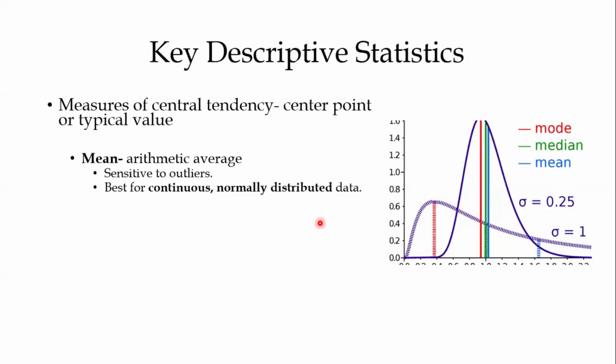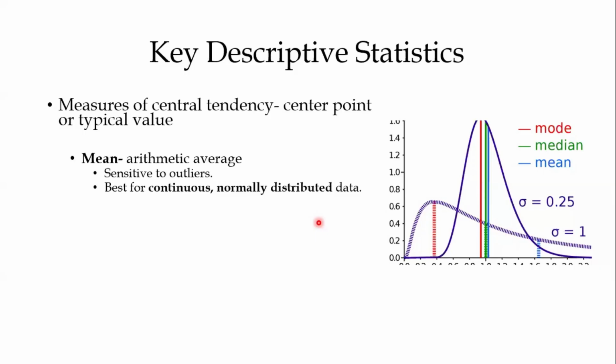Why? Means are sensitive to outliers. Outliers are values that are way beyond the range of what you'd expect for that characteristic that you're measuring. So for example, if you're looking at age, you might have a study population whose age ranges from 20 to 40. If you're looking at diarrheal diseases, then you'd be looking at children under fives, for example.